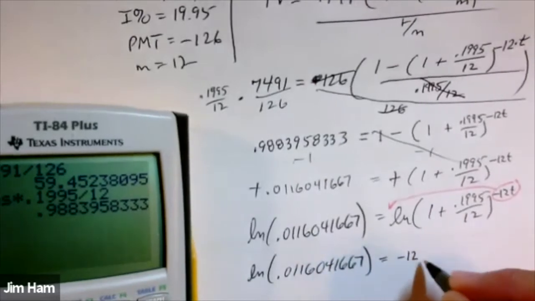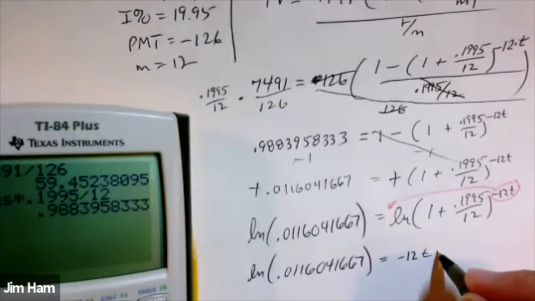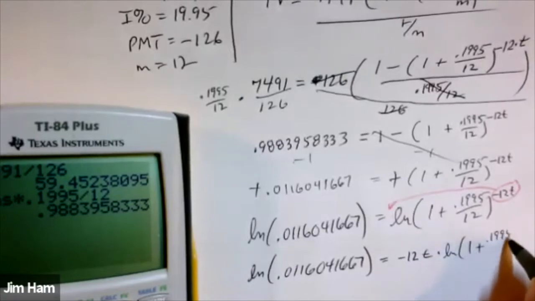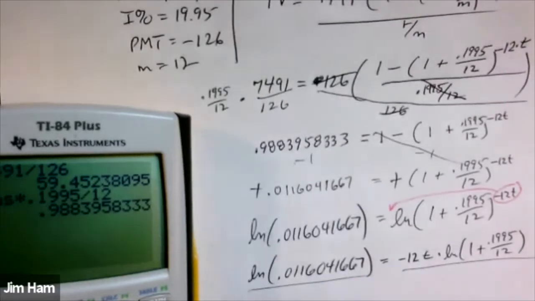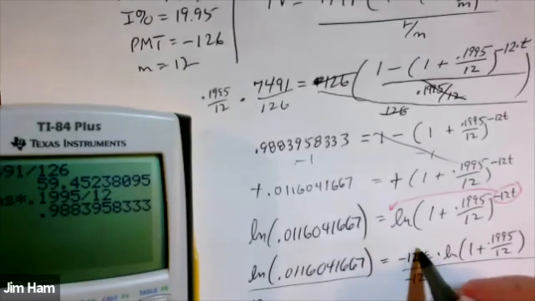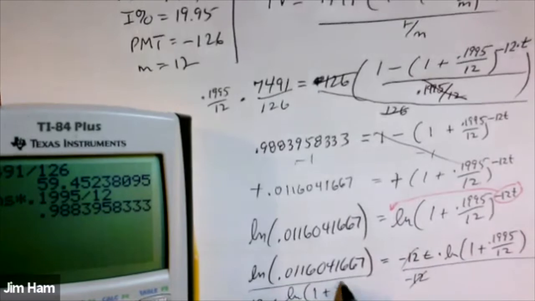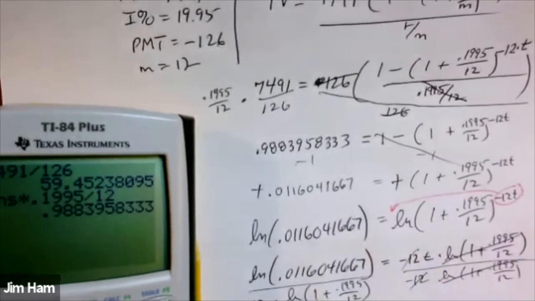Equals negative 12t times the natural log of 1 plus point, all this. All right, now to get t by itself, I have to divide both sides by the negative 12. I also have to divide both sides by the natural log of 1 plus 0.1995 over 12, so that those are gone. So that leaves me with t, and I'm going to plug all this into my calculator, and then we can compare answers.